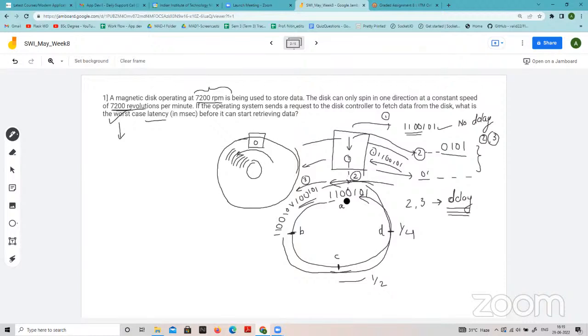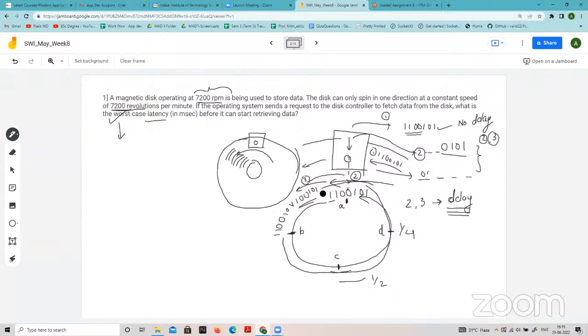So we'll consider this point A where the lens just missed the data. We can say that it is at position A, but not exactly at position A. It has just missed the sight of the lens. In that case, it will have to go through the entire rotation of the disk and then get retrieved by the lens.